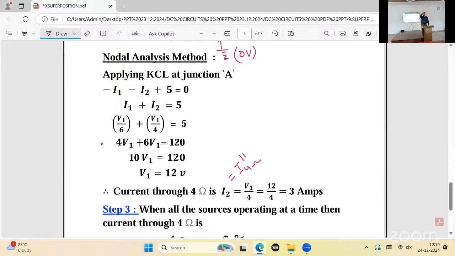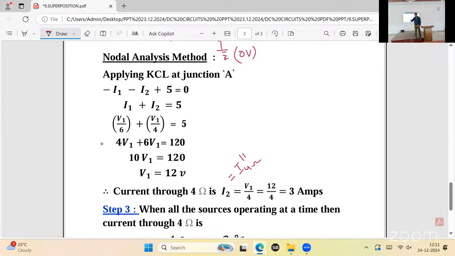If you run with 5 amperes, what is the current through 4 ohms? 3 amperes. If you run with 20 volts, what is the current through 4 ohms? 2 amperes. So 2 sources completed: one is 20, the other is 5.